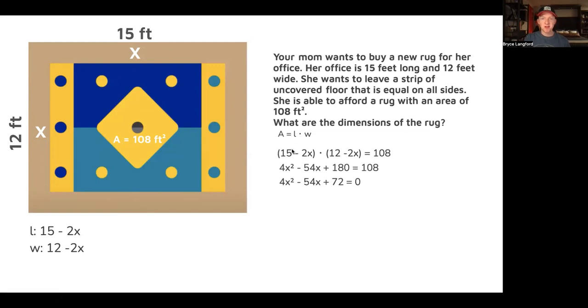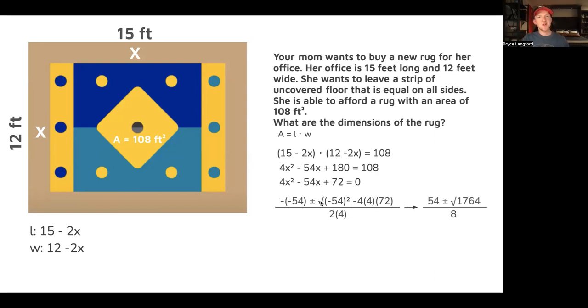And so we're going to distribute each one. So 15 times 12, 15 times -2x. And with that, we get 4x squared minus 54x plus 180 equals 108. And we'll simplify it by bringing the 108 over, and then we'll put the ABCs into our equation.